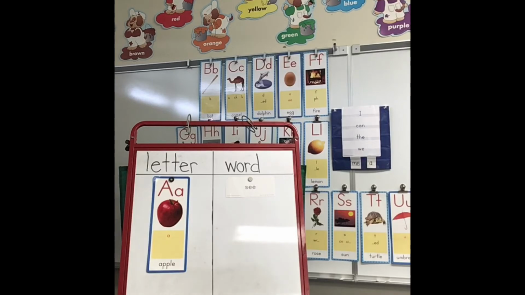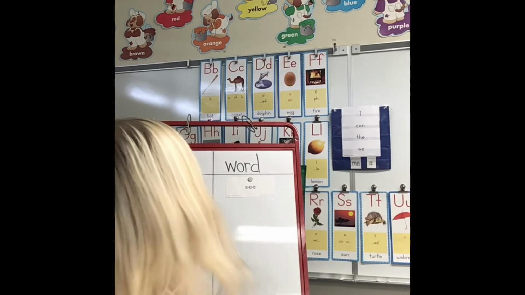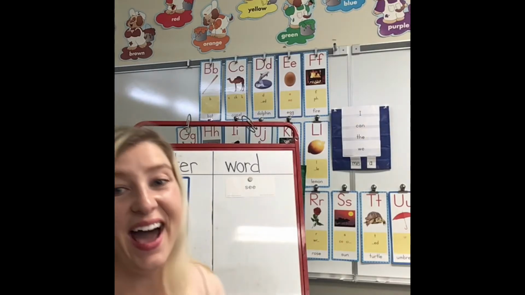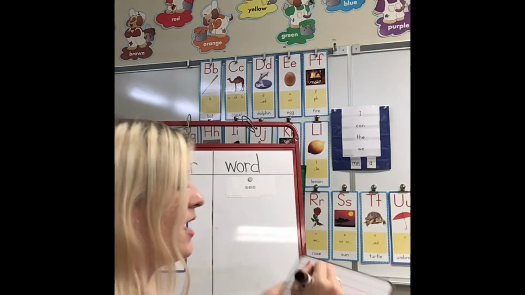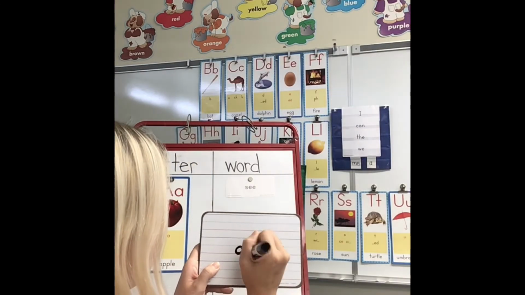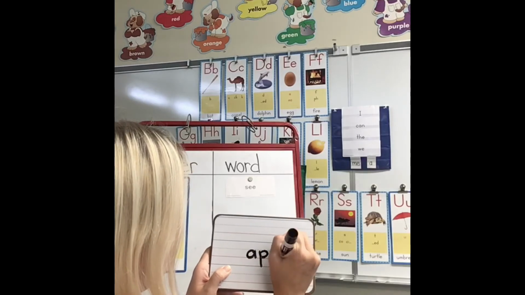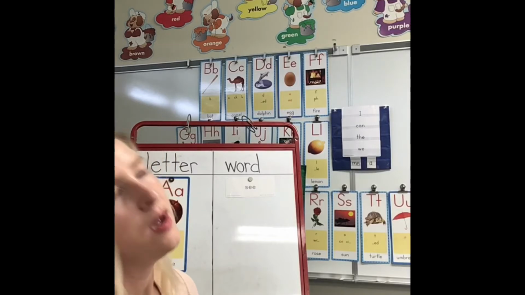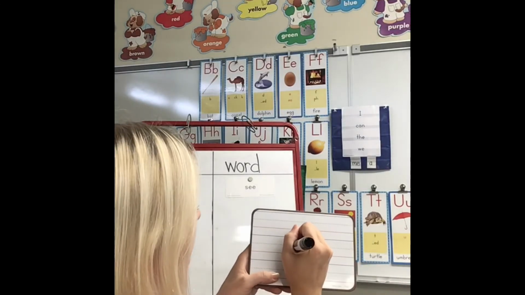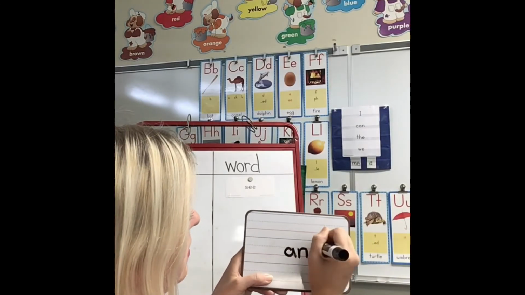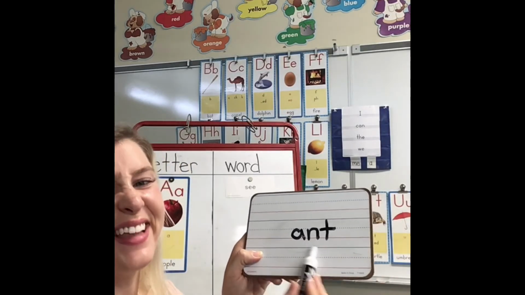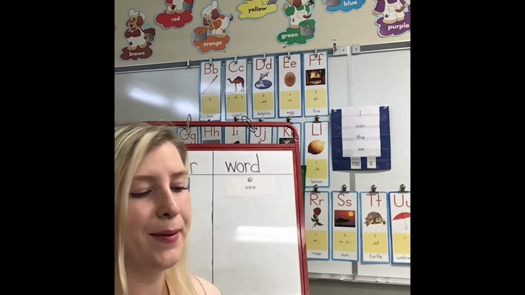Now let's use the letter A to make some words. We know that apple starts with the A sound that A makes. A, apple. Can we think of another one? I know, ant. Ant starts with the A sound and the letter A. Ant.